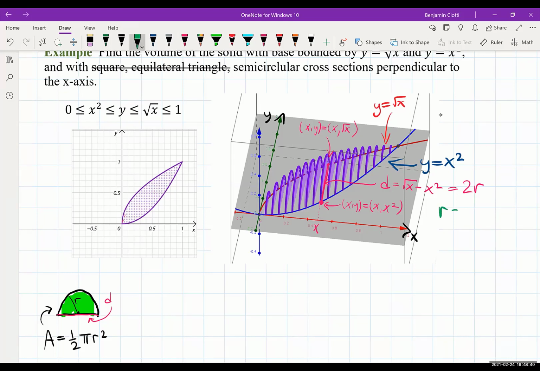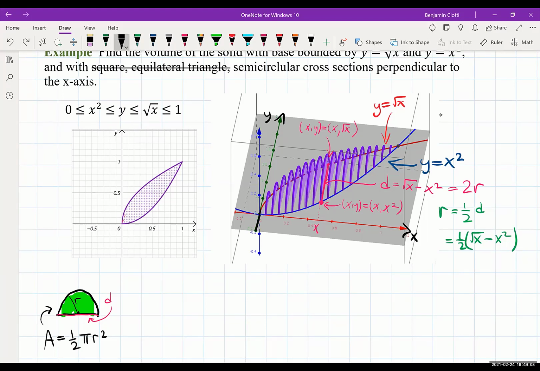So the radius is 1/2 of d, which is 1/2 of root x minus x squared. And now I can just plug it into the semicircle formula. And we're good to go.